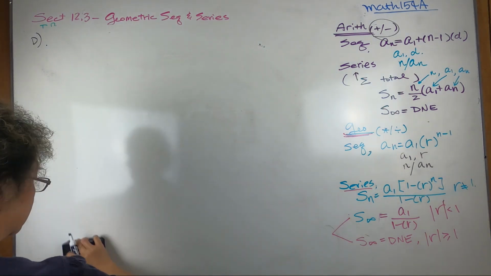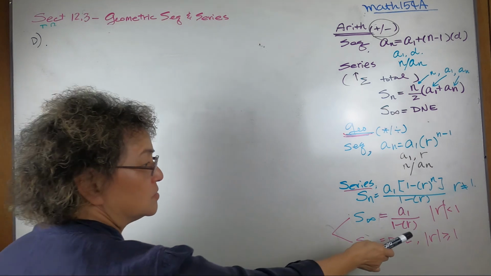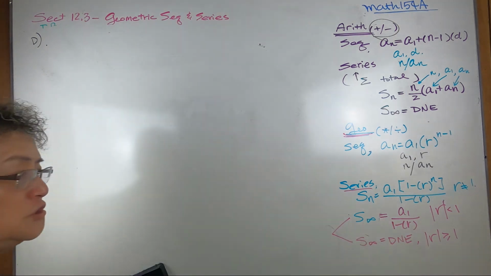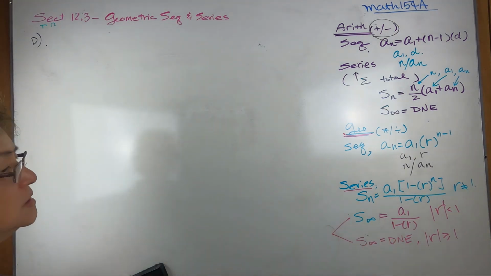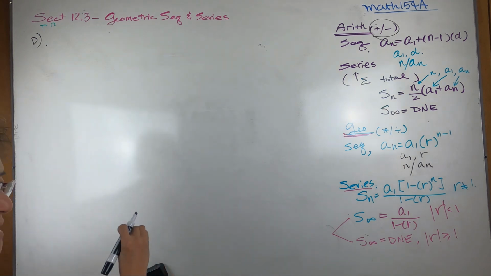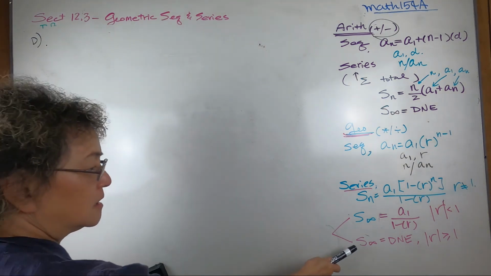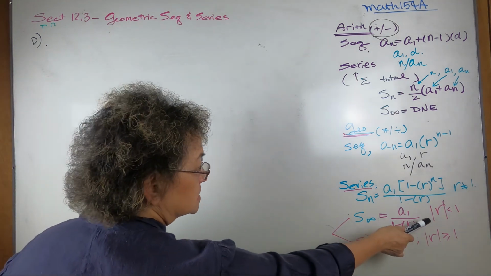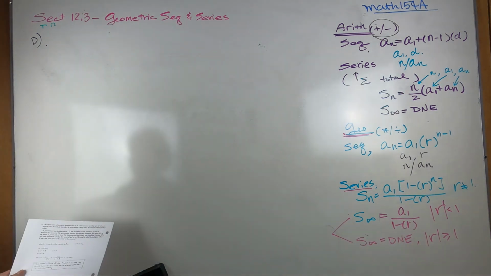It depends on your R ratio. If it's getting bigger and bigger, you cannot. If it reaches very, very small at the end, so the absolute value of R is less than 1, then you can find it.